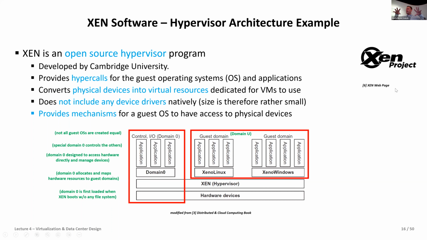Just to give you a real life idea, what I showed you before was also just more conceptualized. Here you see now how Xen works, and you see it's the same concept as having hardware devices, so real memory, real CPUs that you abstract away with the hypervisor, and in basically a domain which you then can choose in terms of an operating system. You maybe have Linux, you maybe have Windows, it doesn't really matter.